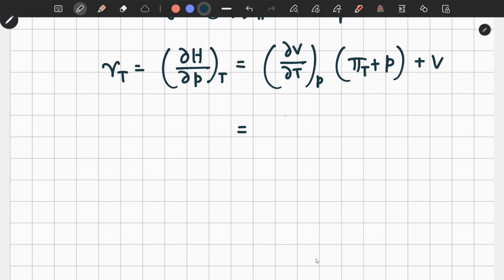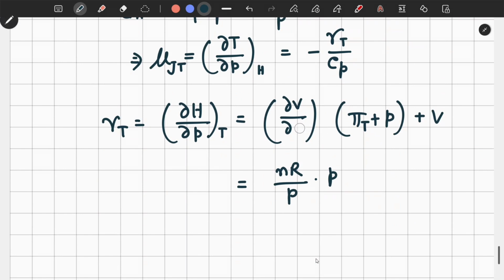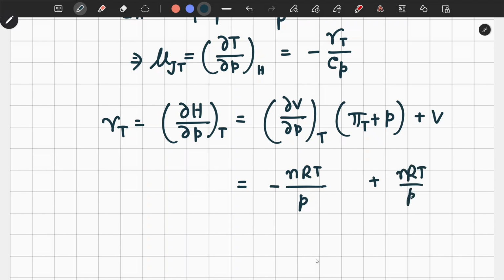And del V del T at constant P will be nR by P. Correct, nRT by P. Sorry, del V del P at constant T. The first part is zero, the second part is nRT by P square, and V equal to nRT by P. So gamma t is zero, so mu JT will be zero. For an ideal gas, it is straightforward, it is zero.